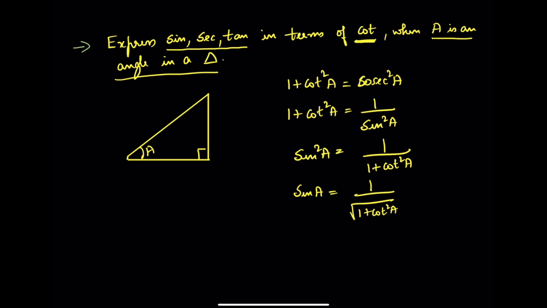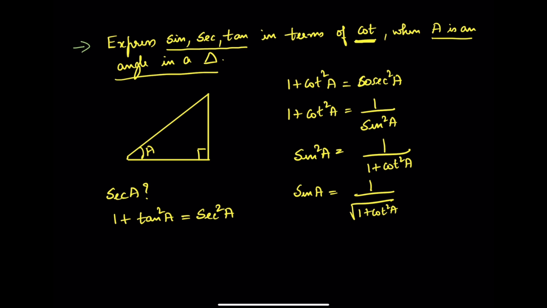Now let's try to address the second part, which is finding out what is secant of A. So how do we do it? We know that 1 plus tan square A is equal to secant square A. So this is one of the identities.